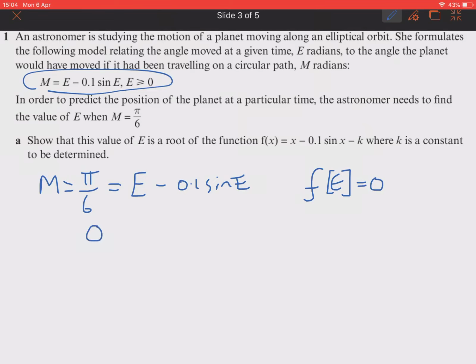So you can see that we've sort of got a function here. If I make 0 the left-hand side by rearranging it, E take 0.1 sine E, take pi by 6.